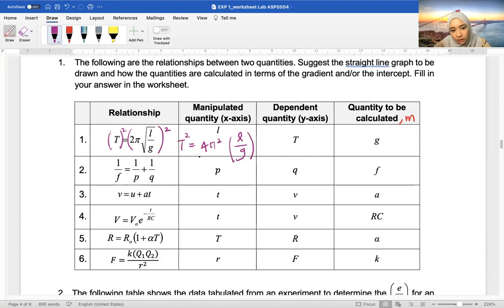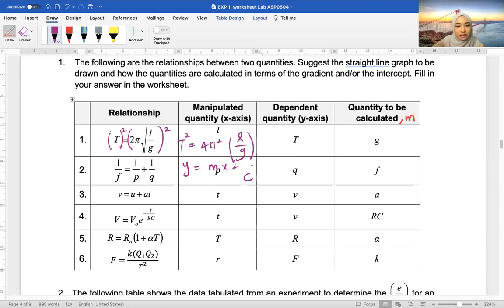Okay, so if I were to try to make sense of it, y equals to mx plus c. Where is my c in this case? T squared is my dependent. 1 over g is my m. Where is my c? Where is my y-intercept? 4 pi squared.